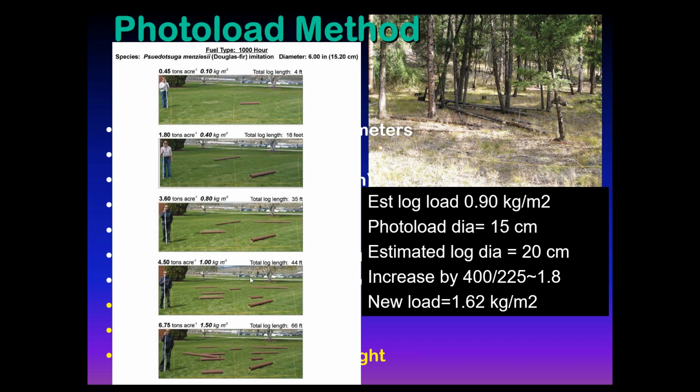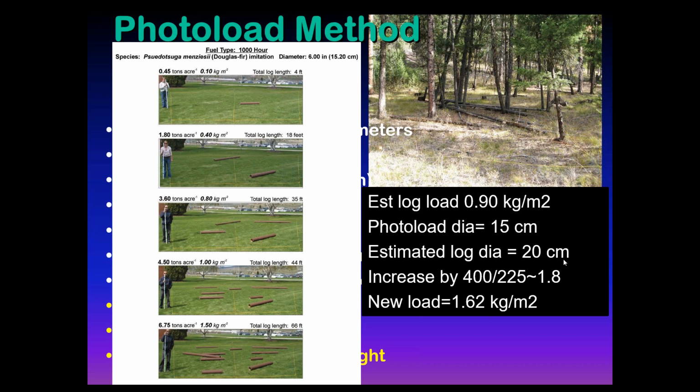And now instead of adjusting for height like we did in the shrub, we're going to adjust for diameter. The estimated log diameter in the field is 20 centimeters. The Photoload diameter is 15 centimeters. Over here, you can see 15.2. But the problem with logs is that the volume or loading varies with the square of the diameter.